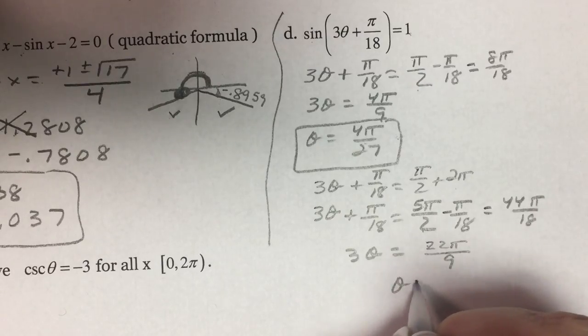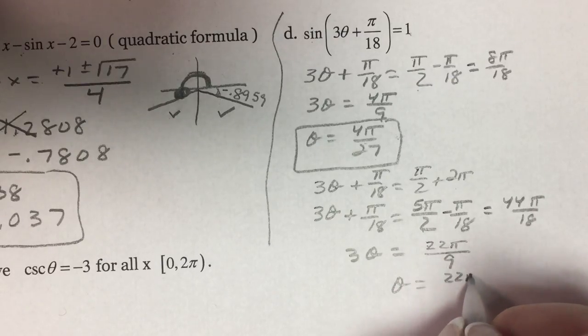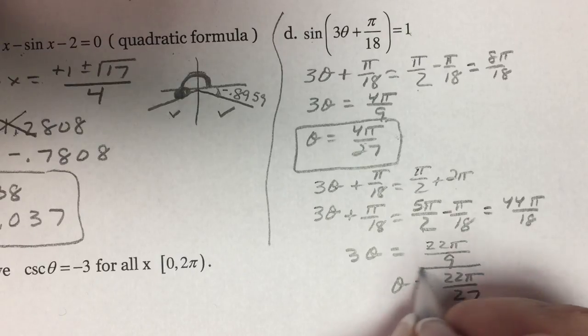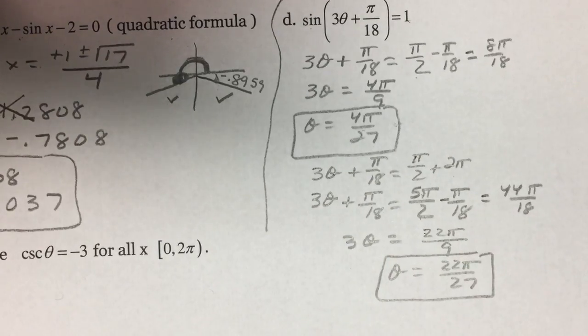And then if I divide that by 3, I'm going to get 22 pi over 27. All right, but again, that is not even pi.